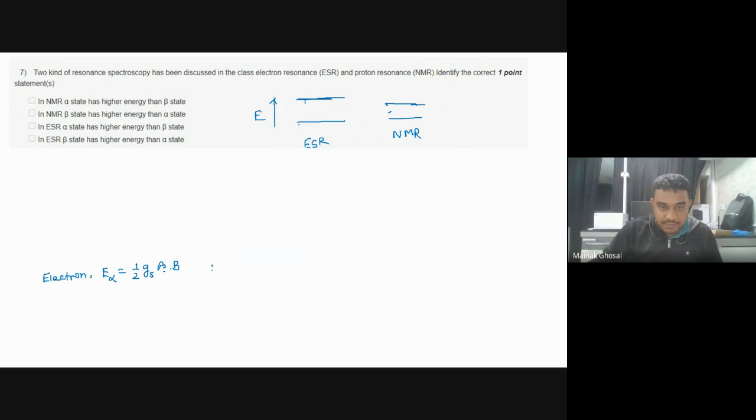And the energy of the beta state is minus half Gs beta B. Similarly, for the nucleus, I am writing E prime: E prime alpha will be half G of nucleus beta of nucleus into B, and E beta prime will be minus half Gn beta n B.